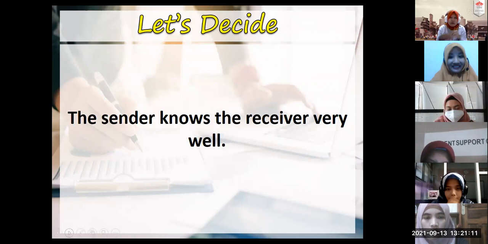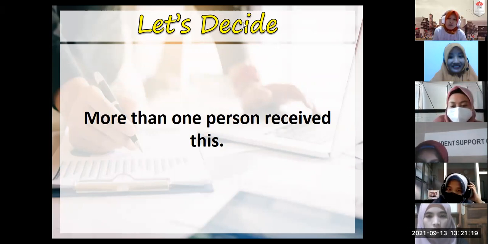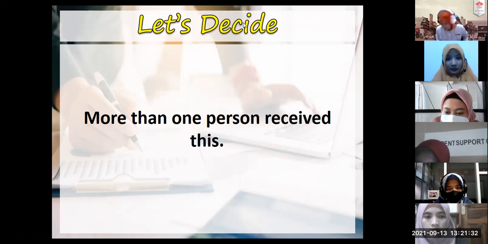Okay, so this is the first sentence. More than one person received this. Which one? Is it A, B, or C? So is it the email, the memo, or the letter? More than one person received this.